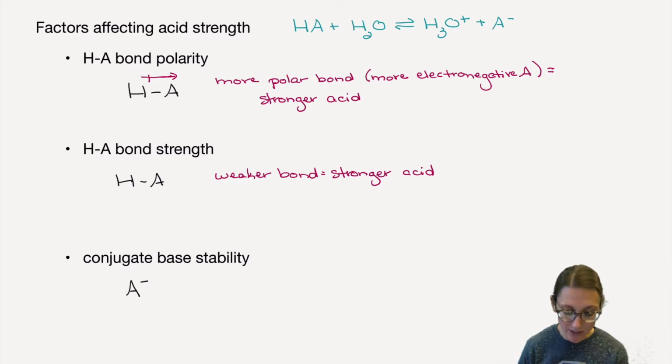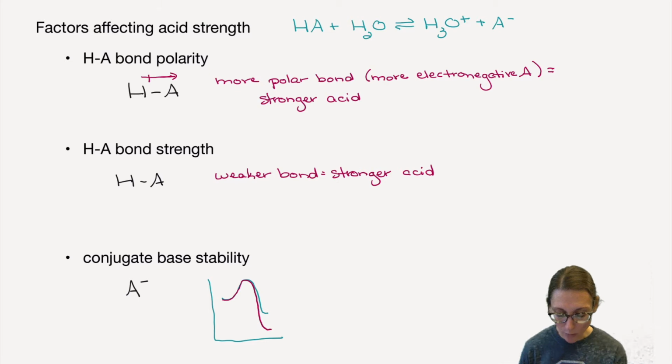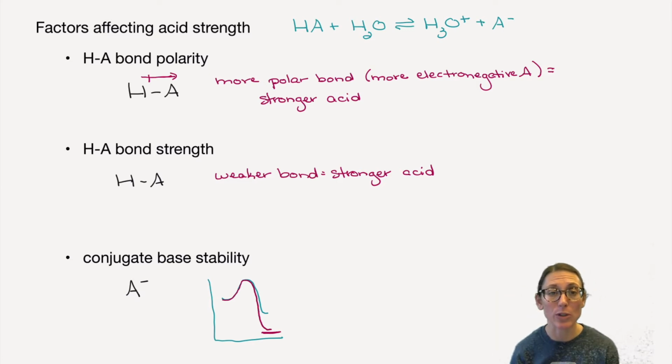If you look at this one from a potential energy diagram kind of standpoint, if you have two possible products, the more stable product will result in a greater accumulation of products, and thus the more stable your conjugate base is, the more that forward reaction will occur and the more products will accumulate, and the stronger your acid will be because you are making more of those dissociated products.